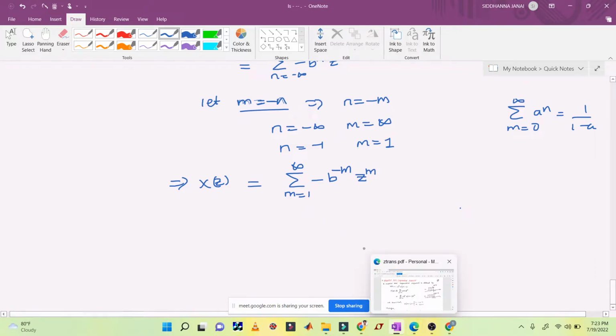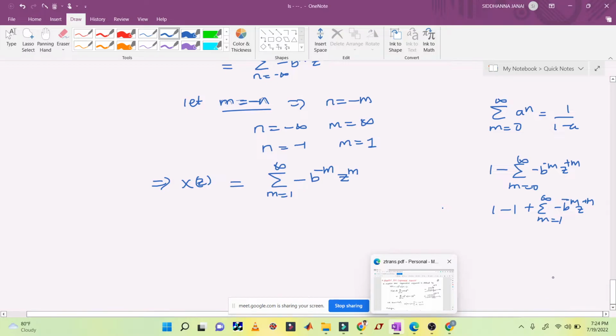In this kind of situation, what we actually do is we consider this equation as 1 minus summation m is equal to 0 to infinity of minus b to the power minus m z to the power m. If I substitute m is equal to 0 in this equation, what will happen? 1 minus 1 plus this summation m is equal to 1 to infinity of minus b to the power minus m z to the power m.